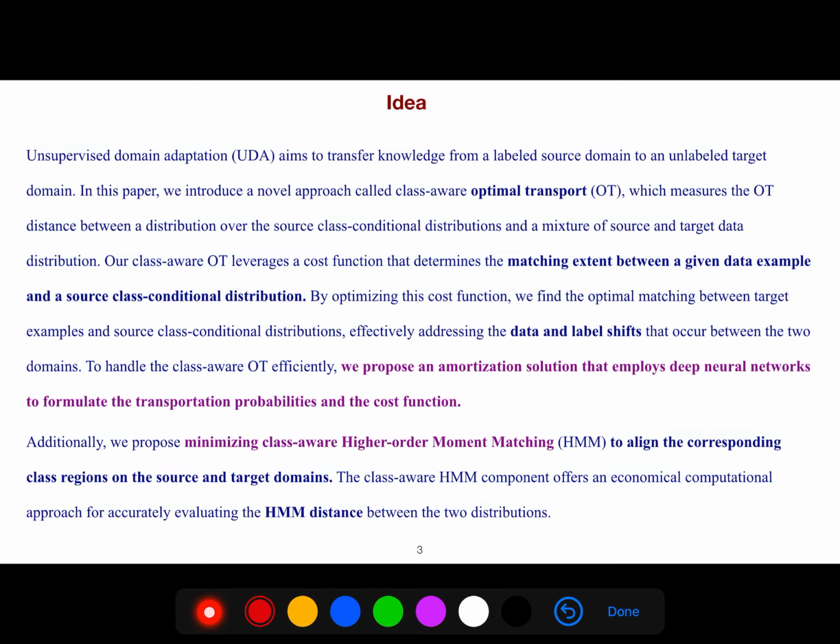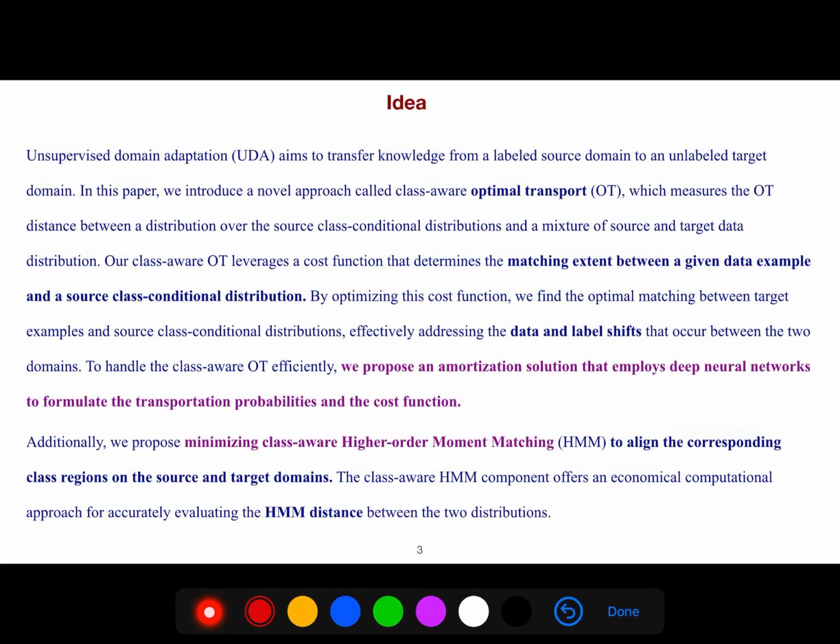Our class-aware optimal transport leverages a cost function that determines the matching extent between a given data example and a source class conditional distribution. By optimizing this cost function, we find the optimal matching between target examples and source class conditional distributions, effectively addressing the data and label shifts that occur between the two domains.